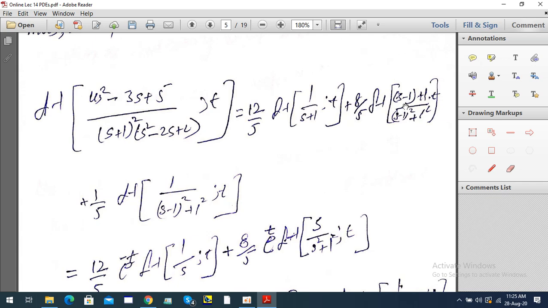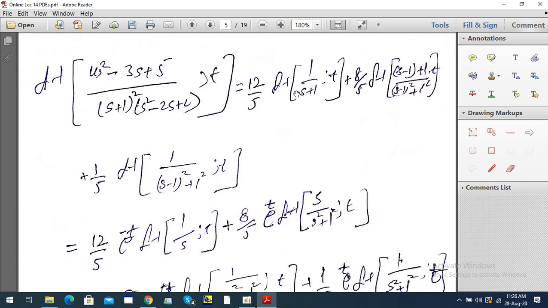If you look at it, we have s minus 1. By shifting property, by using the above theorem, f of s minus a, it will be e power at. So if f of s minus 1, e power t. And for this one, this is f of s plus a.